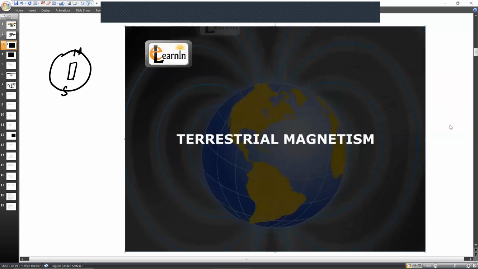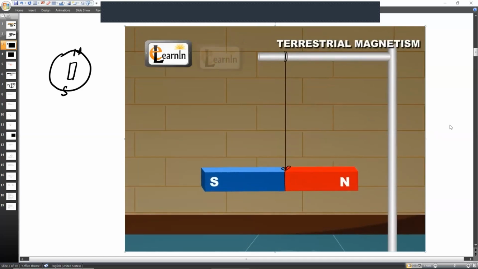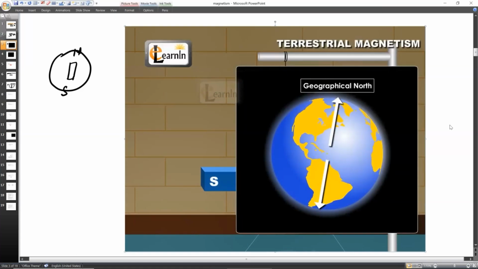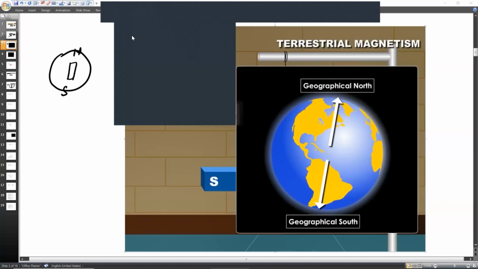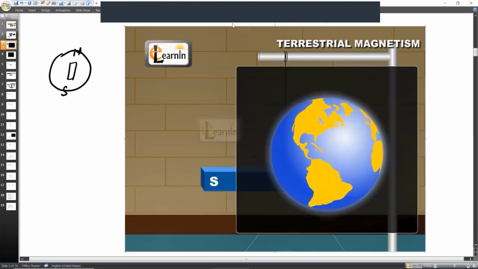Terrestrial magnetism. A freely suspended bar magnet approximately points towards the geographical north with its north pole and the geographical south with its south pole as it comes to rest.